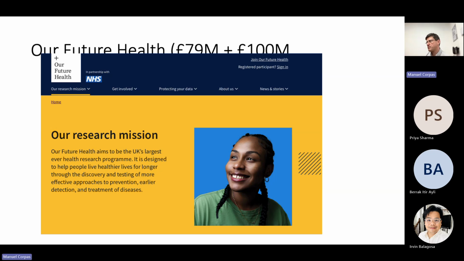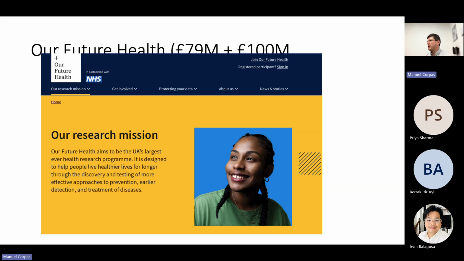And also, whilst the UK Biobank had a more epidemiological focus, that is understanding disease really as it is in the UK, Our Future Health is more on the predictive side of things.